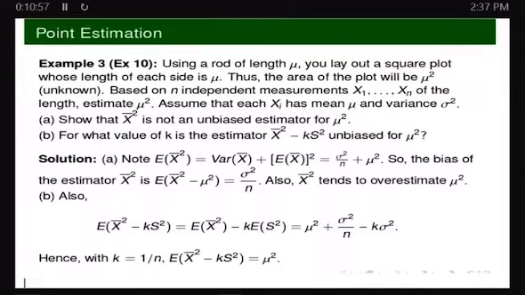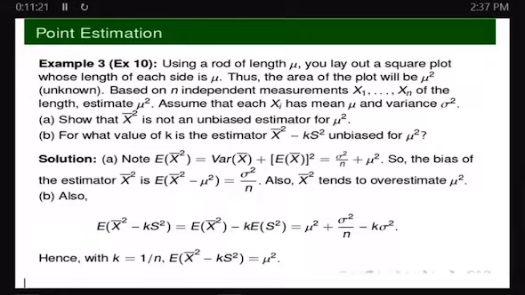And of course, at times, you can be given a question where they tell you, what is the value of a constant that makes an estimator unbiased? Because let me tell you, in the ideal situation, what we actually want is for an estimator to be unbiased.